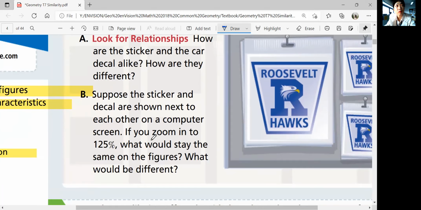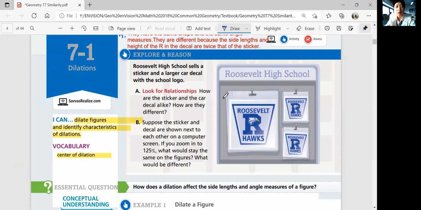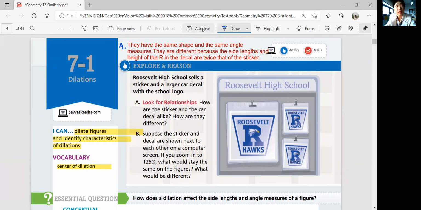But the shapes and angle measures would stay the same. It's not like the shapes are going to be different. It's still the same thing, right? But the sizes would increase by 25%, right?